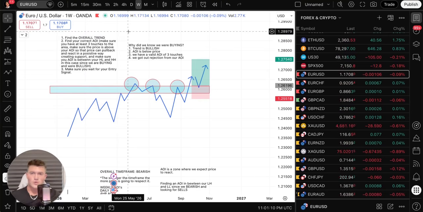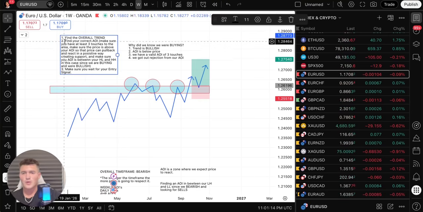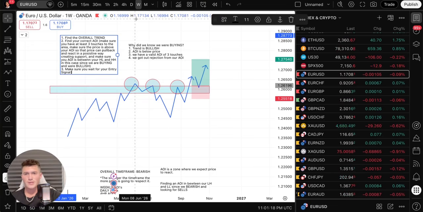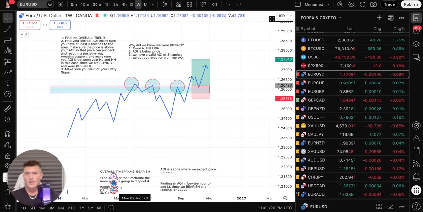Okay, so you master these. I think I put 2 and 3 together right here, I guess I combined them into one. So we've got: one, find the overall trend. Two, find your correct area of interest. Make sure you have at least 3 touches to that area.